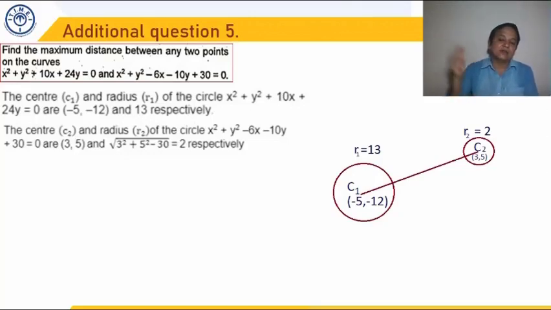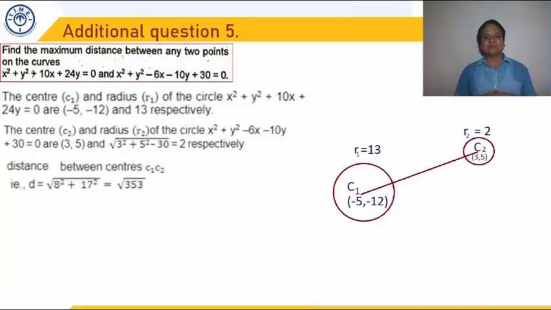Second circle center is 3, 5, radius is 2. You have to find the maximum distance between any 2 points on the circles, that is, they are the farthest apart. So this should be equal to C1 C2, that is the distance between the centers of the two circles, plus R1 plus R2.